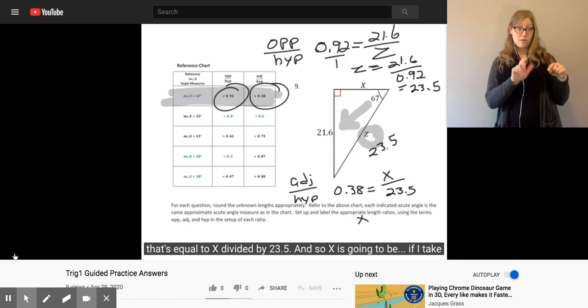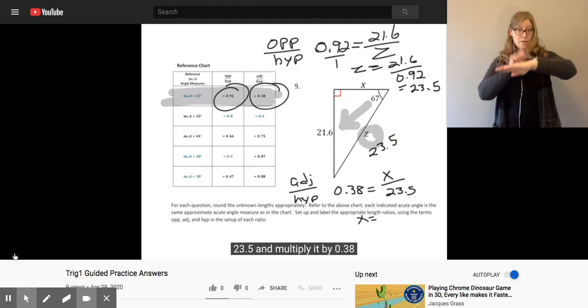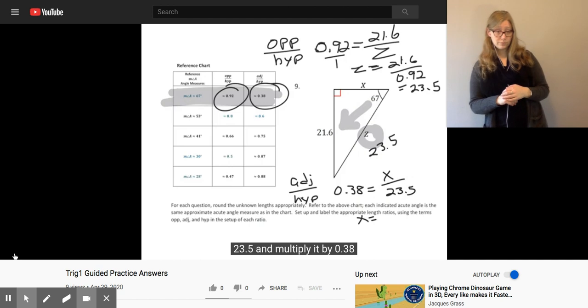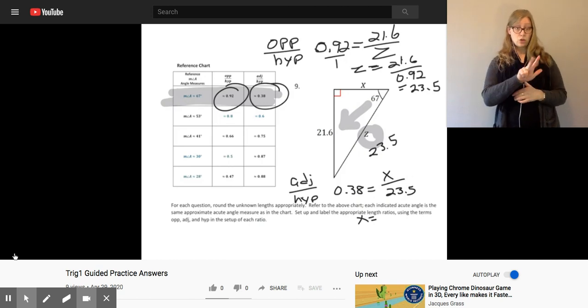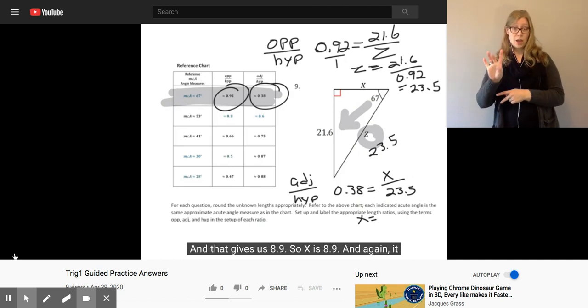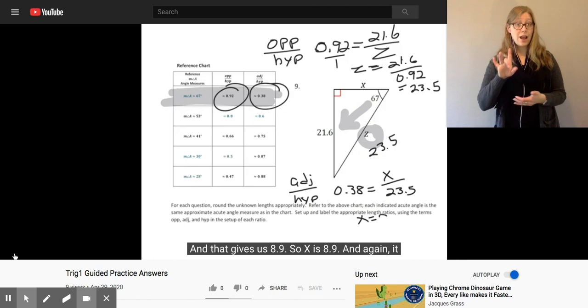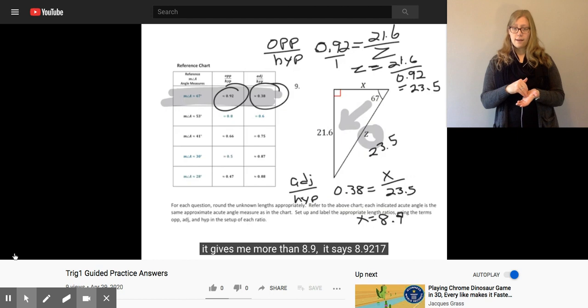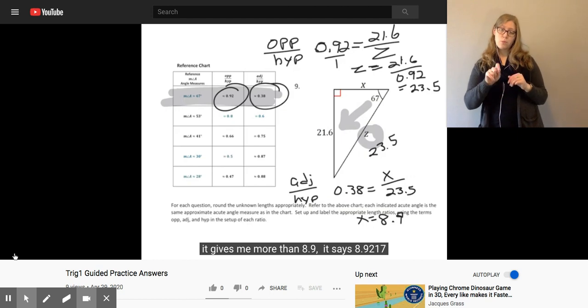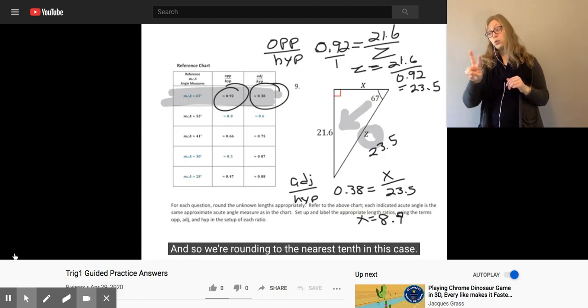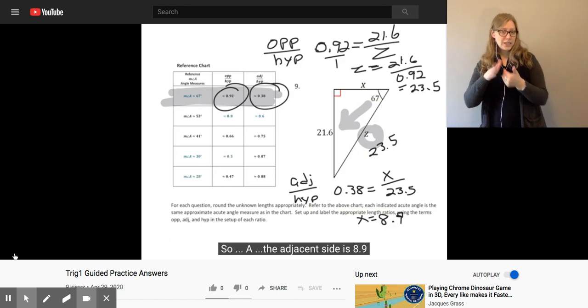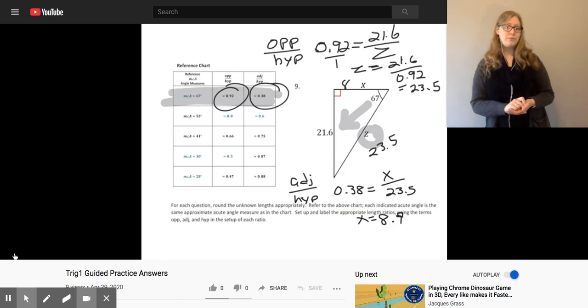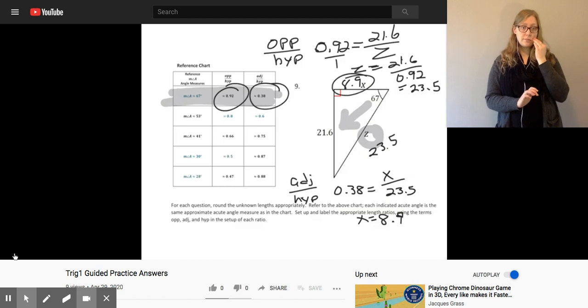And so x is going to be 23.5 multiplied by 0.38, and that gives us 8.9. It says 8.9217, and so we're rounding to the nearest tenth in this case. So the adjacent side is 8.9.